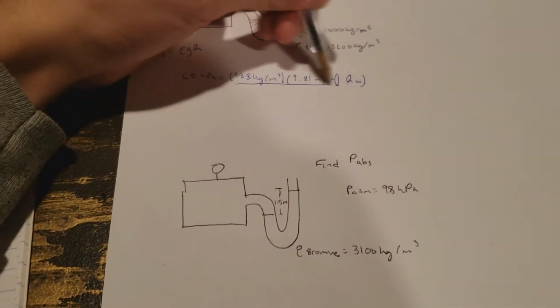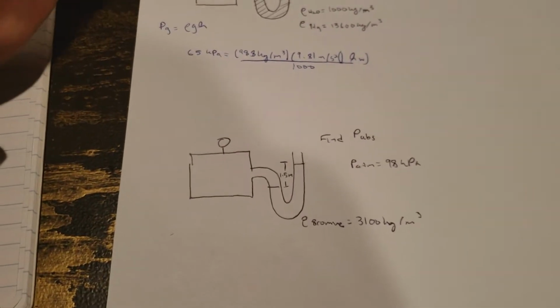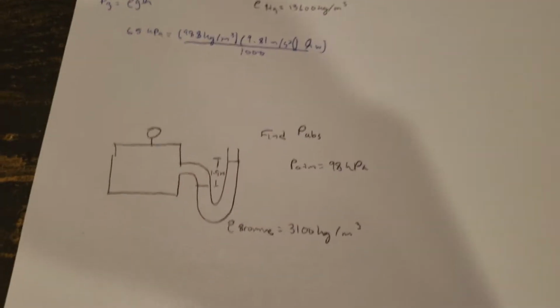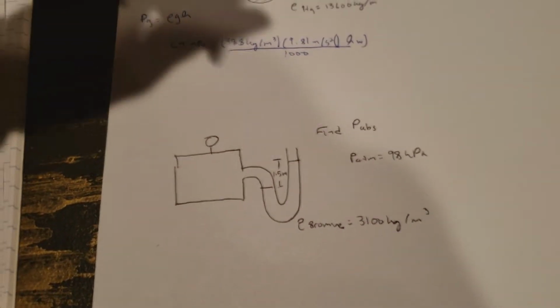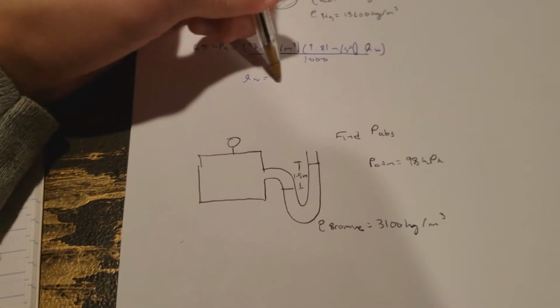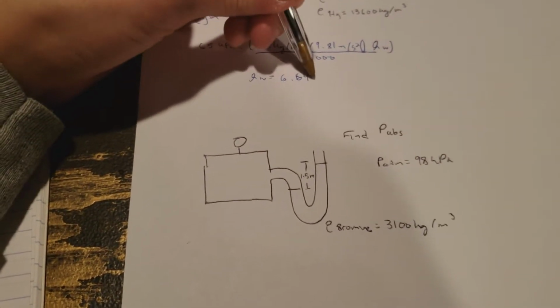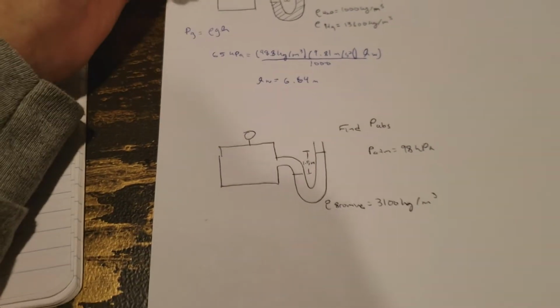And we're going to divide this by 1,000 at the end because we want kilopascals. We want to keep everything in kilopascals because this is going to give us pascals. So our height, this is just simple algebra, is going to give us 6.64 meters. That is pretty long, pretty high.